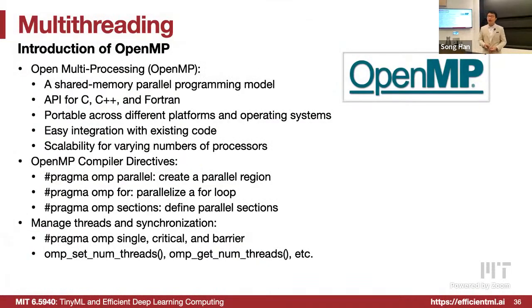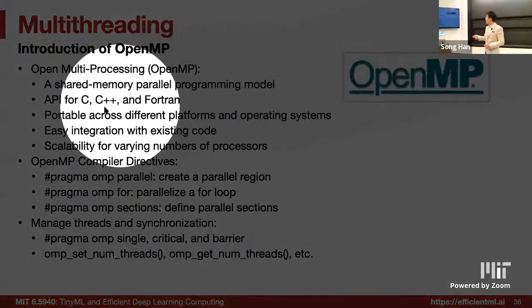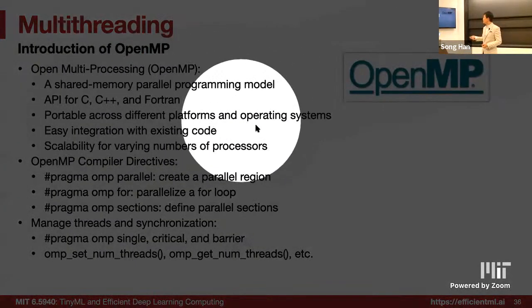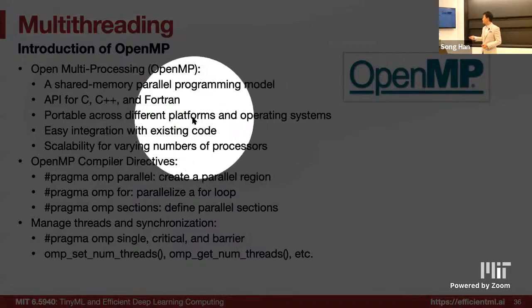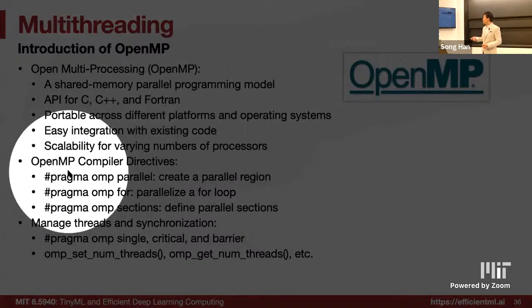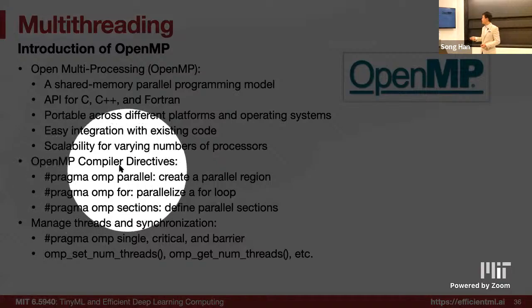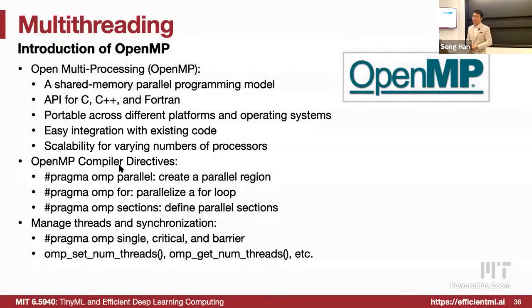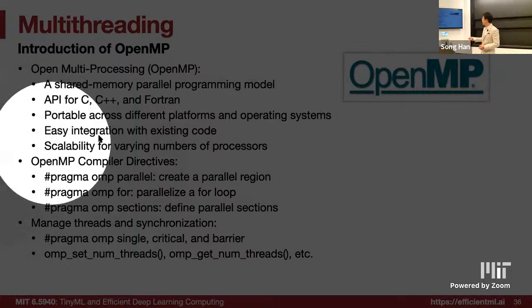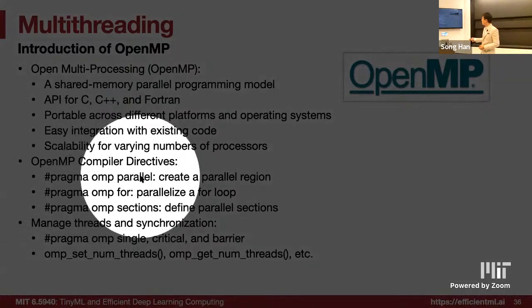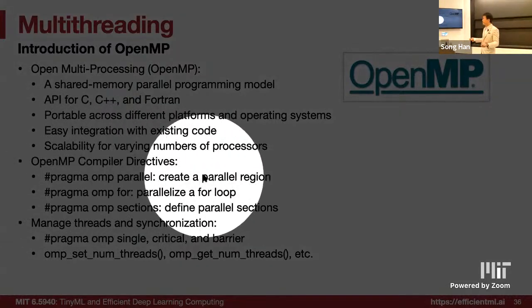So if pthread looks very complicated, we introduce an even simpler programming model using OpenMP. It's very portable: the same program can run on many different operating systems and hardware platforms. It is implemented with many compiler directives, like this pragma omp parallel to create a parallel region.